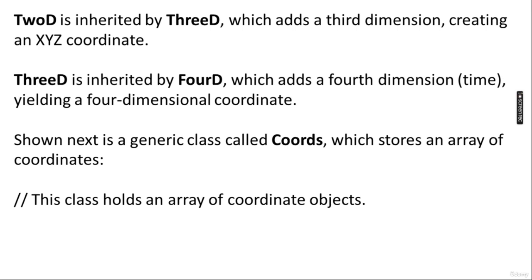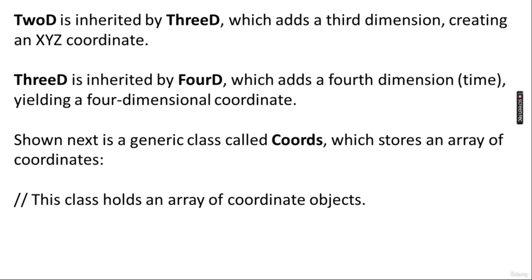Then TwoD is inherited by ThreeD, which adds a third dimension, creating an XYZ coordinate. ThreeD is inherited by FourD, which adds a fourth dimension, time, yielding a four-dimensional coordinate.